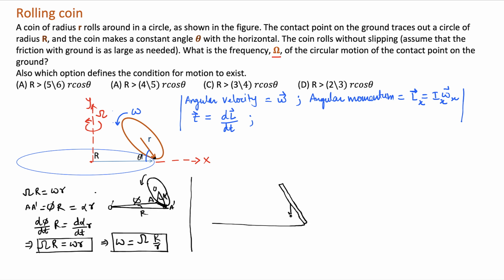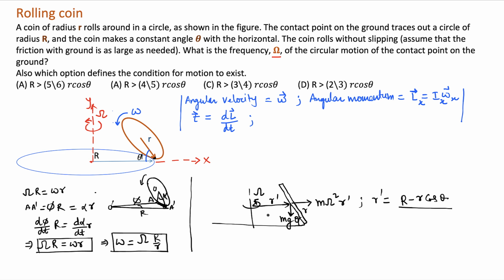So we have a weight which is acting here, let's say mg, and since it is moving in a circular path here, let's say like this, with omega, bigger omega, there is a centrifugal force which is m omega square R prime, and R prime is nothing but this distance R prime. Therefore we can write R prime as, if you see, this one is theta and this is R, so R prime is nothing but R minus small r cos theta.